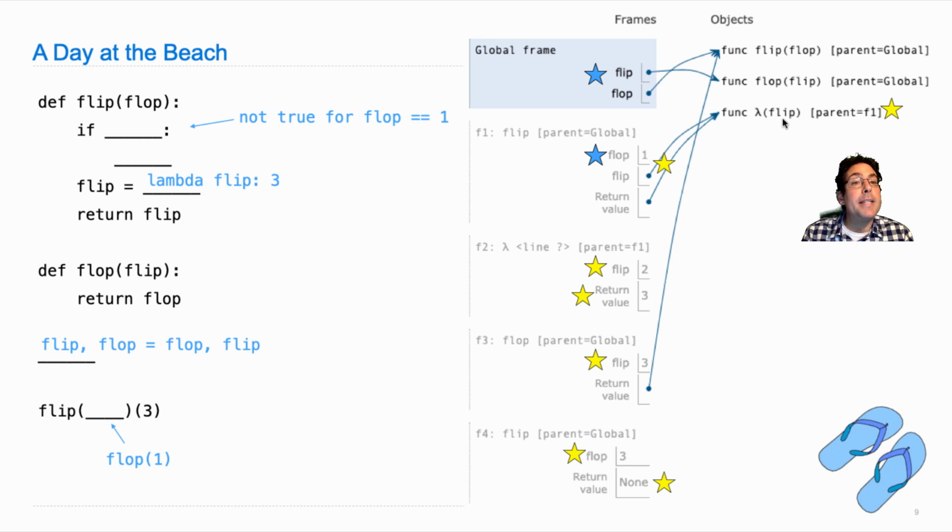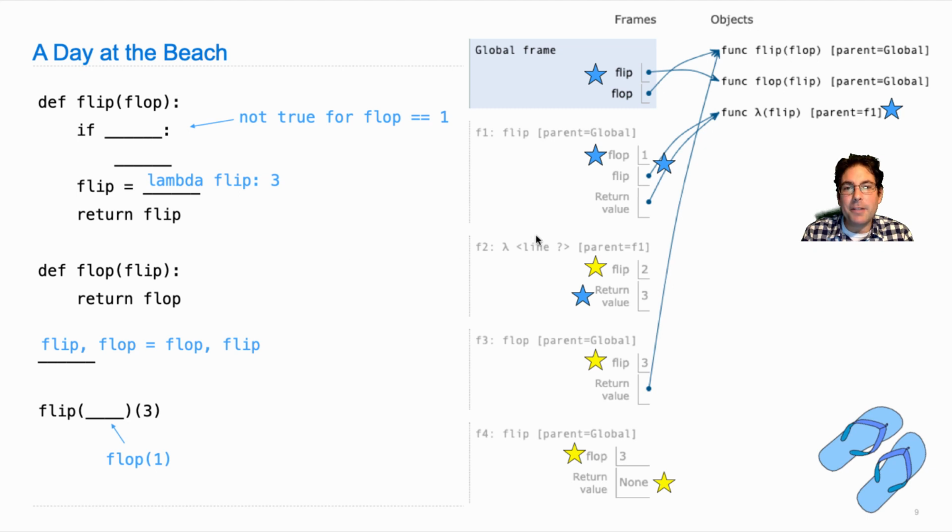We know it's a lambda that takes flip because we see that in the signature and also in the formal parameter name here. We see that it should return 3, so why not just write the number 3 in there? Or you could write flop plus 2, I think that would probably work just as well. And then we return flip. Okay, so we've actually accounted for that, and that, just with one line of code.